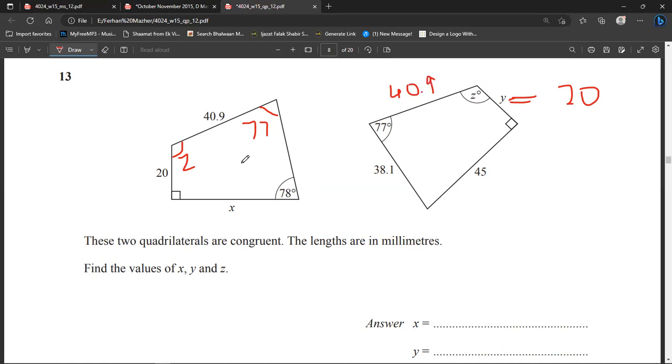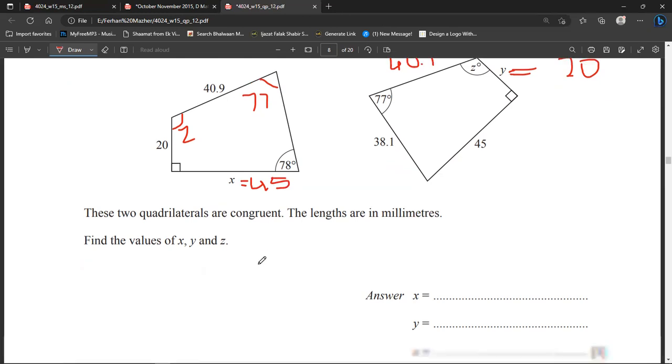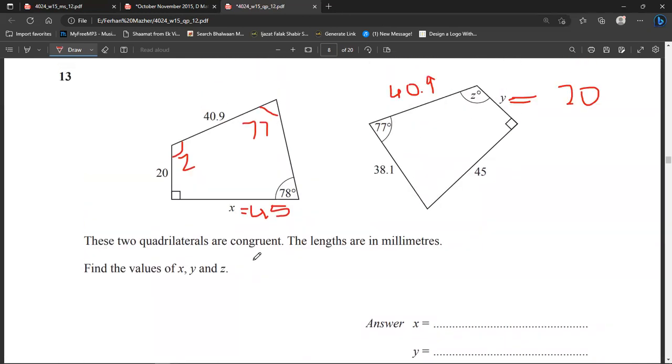So z is only left. Okay. So how much will be the x? X will be equal to this, that is 45. Okay. So the x will be 45, the y will be 20. This will be 38.1. They have not asked it. I'm just writing it. Okay. So the z is the question.